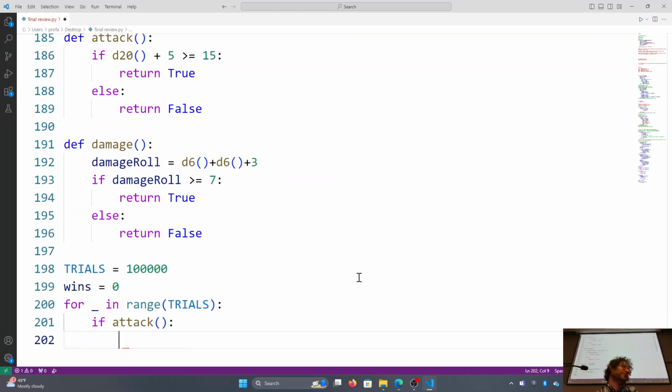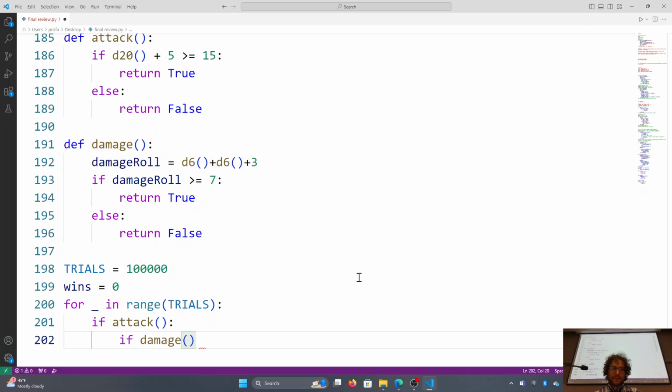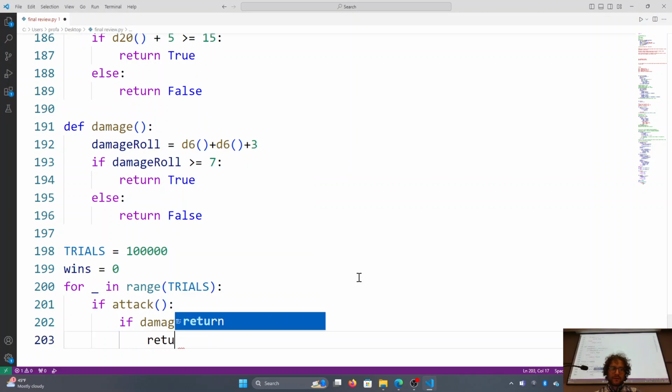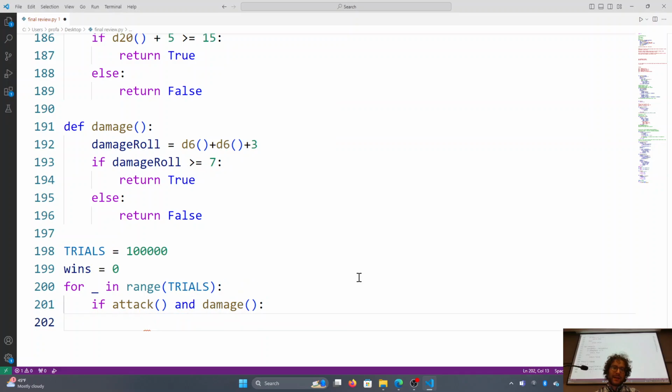It will either evaluate to true or false. If attack, if damage, which we can just simply summarize. And the reason I'm doing it like this, well, actually, hold on a second. I can do it like this. If attack and damage, wins plus equals 1. In other words, if they both return true, return true.